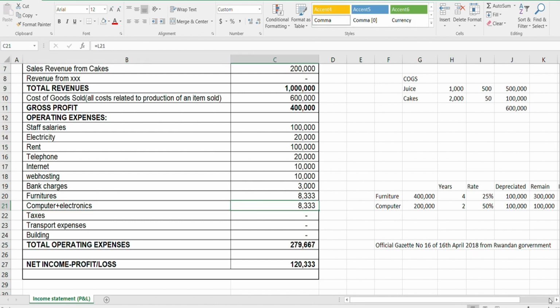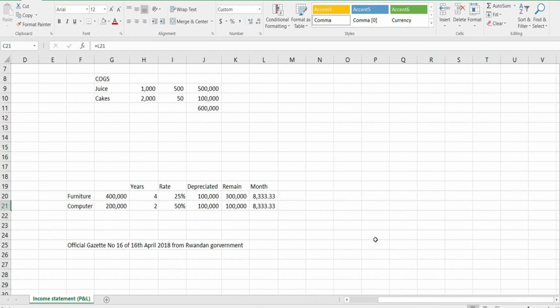Why do we do this? First, it's considering that the materials we have are being depreciated. They will get old either in 2 or 4 years.